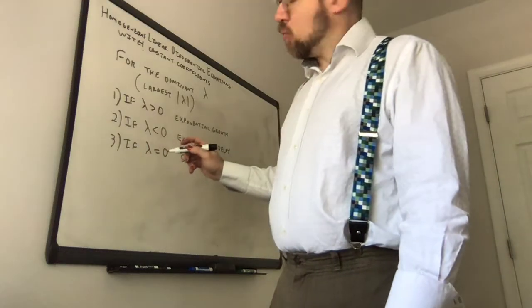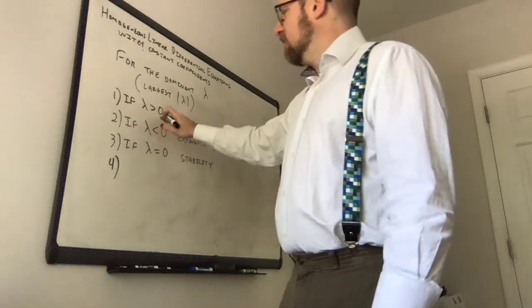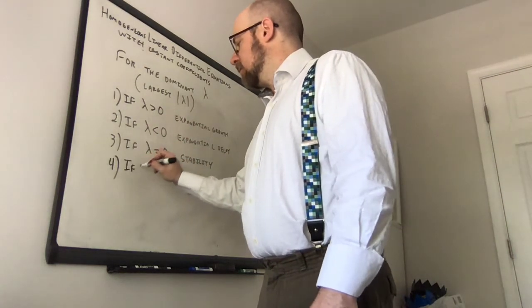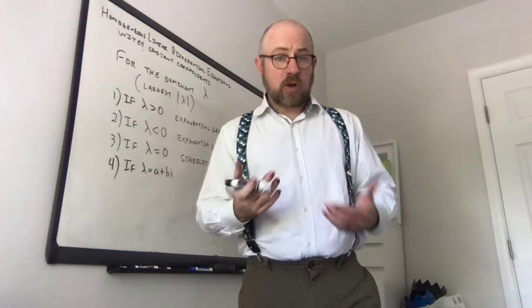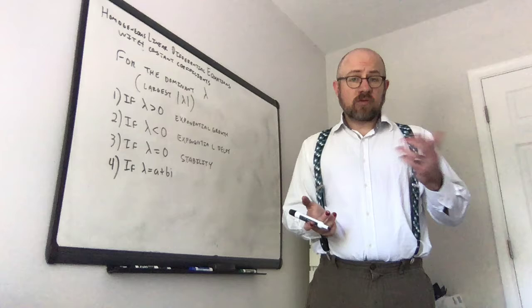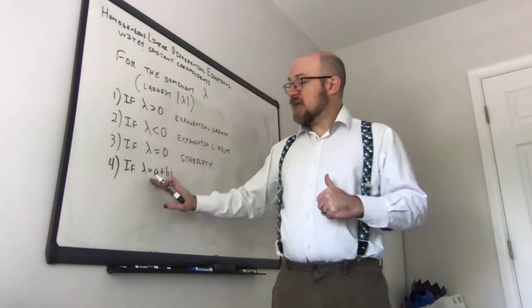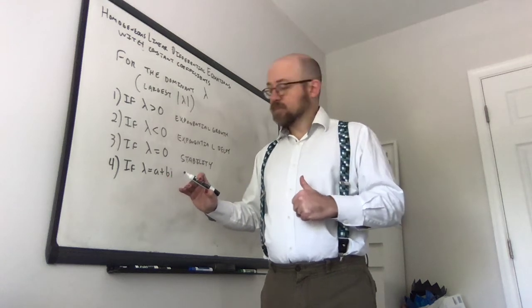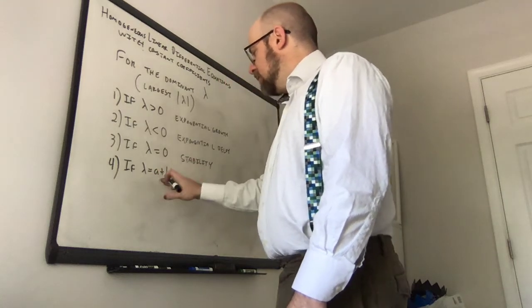In the situation where lambda is complex, right? So all of these lambdas were real values. If lambda is a complex number, right? Because we're taking roots of a polynomial, so it could be a real number. It could also be a complex number. Then we're going to have 3 different situations, okay? So this comes down to the real part of lambda.